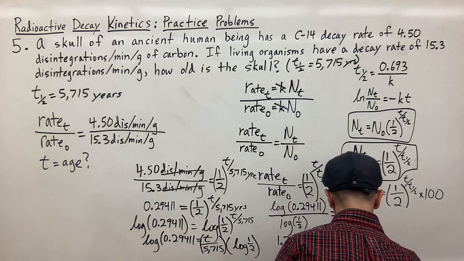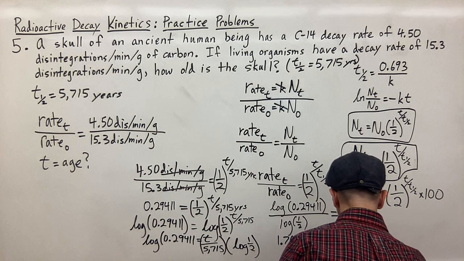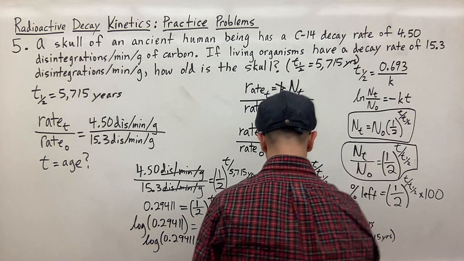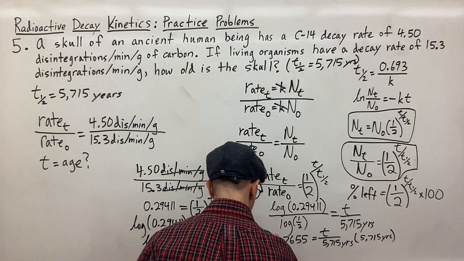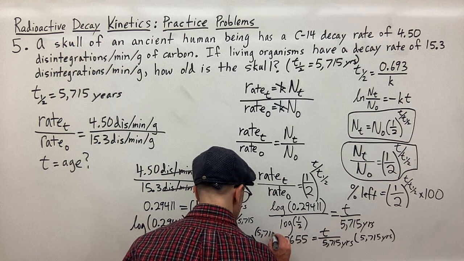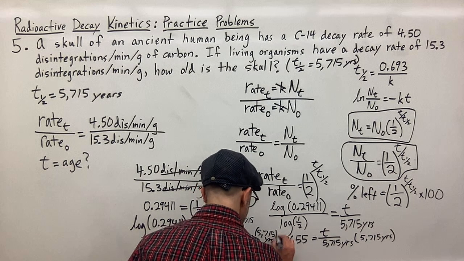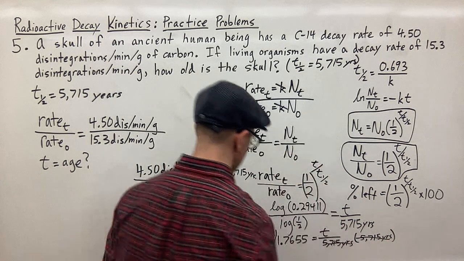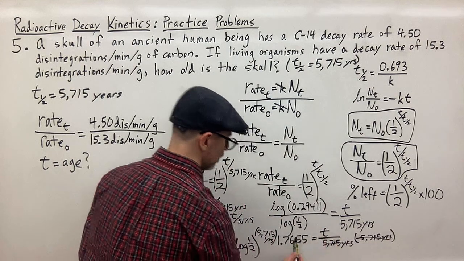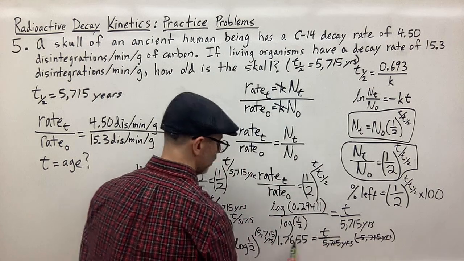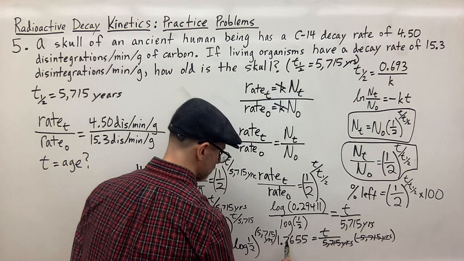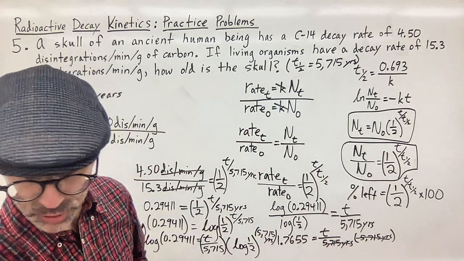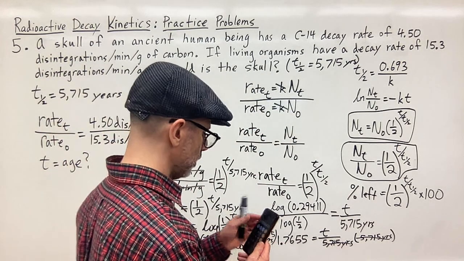Now all I do is multiply both sides by 5,715 years, right? So this cancels out. Now T, the age, is now equal to this number times this number. And when I do that calculation, let's do that.